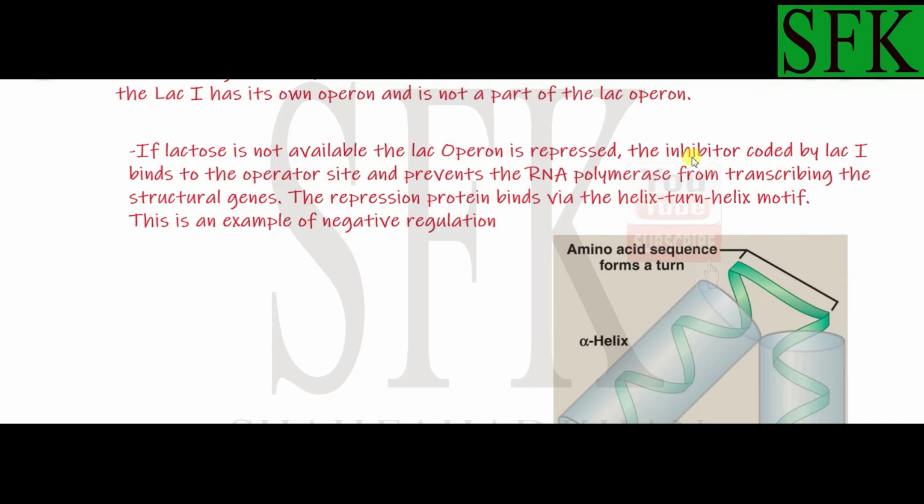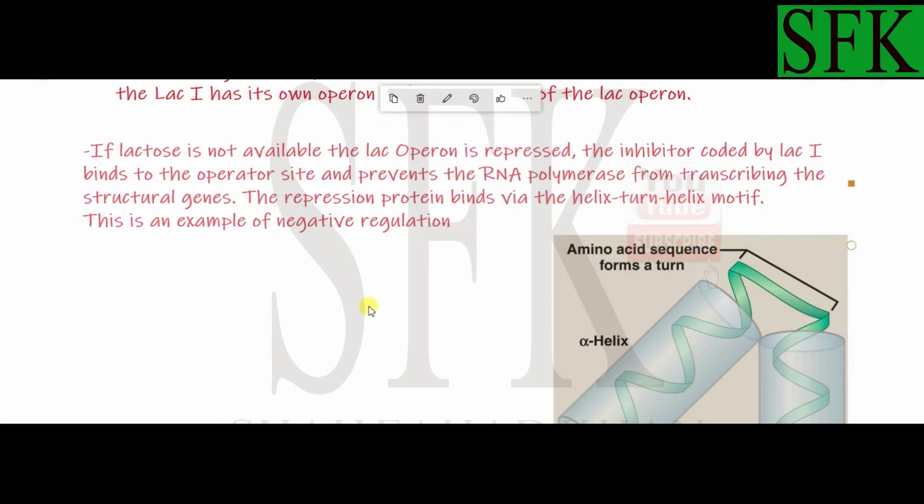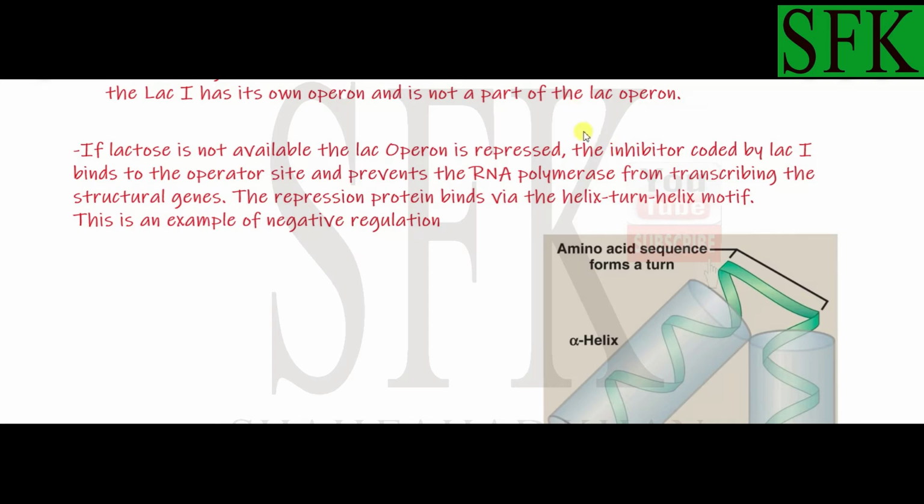This inhibitor, a repressor protein, comes and binds to this operator site through a special supersecondary structure, a special motif known as helix-turn-helix. Helix because there is an alpha helix, then there is a turn, and then there is another alpha helix. And this entire example, the repression by this repressor molecule coded by the LacI, is known as negative regulation.